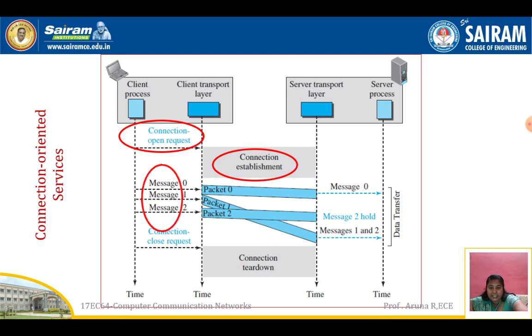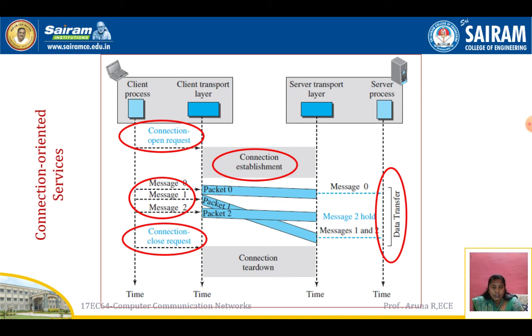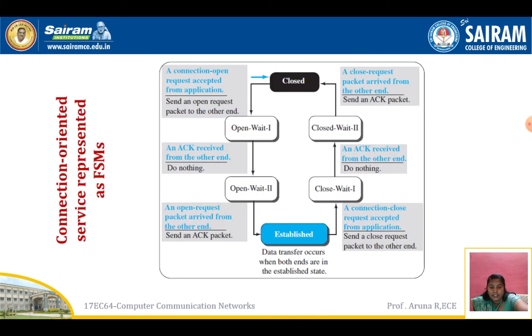Once the connection is established, the messages 0, 1, 2 are taken and sent as packets in the data transfer. Once the data transfer is over, a request message is sent to close the connection. Whenever you get the request to close the connection, you do the connection teardown. So these are the steps of the connection oriented service.